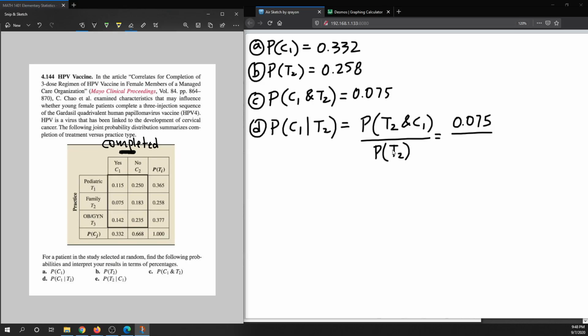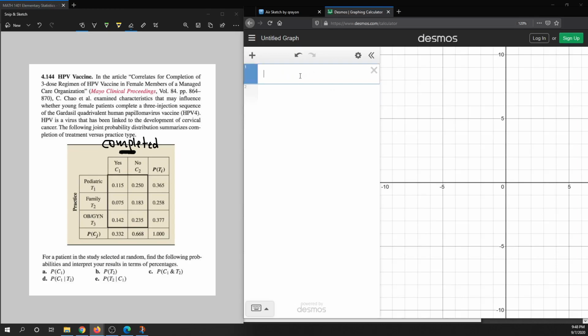And the probability of T2, right, is 0.258. All right, and then we would just calculate that out. So 0.075 divided by 0.258, and I get 0.291 on that one.